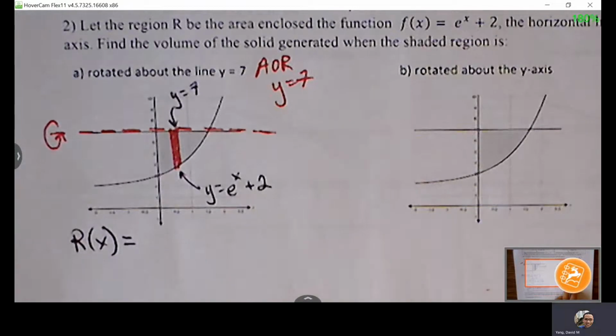I think we set everything up. This should be a top minus bottom function here.